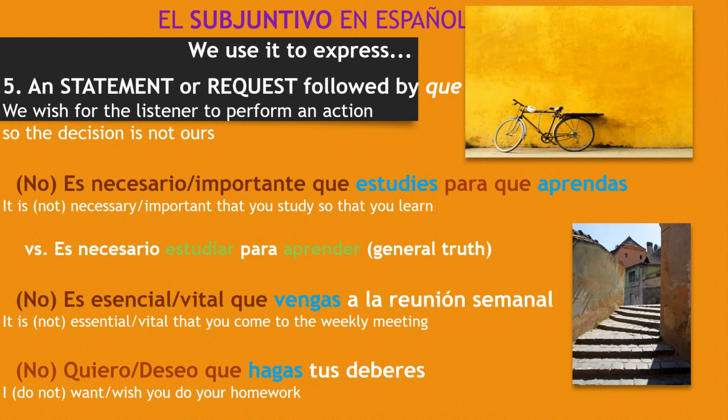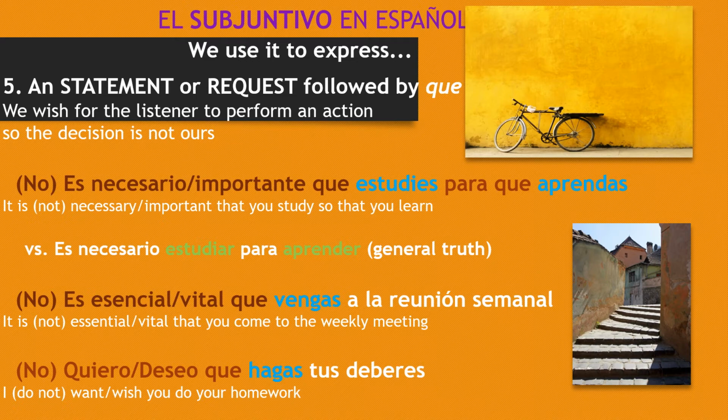So we use it as well to express a statement or a request followed by que. Again, that que. It in reality is a wish again, because we are directing this to a listener, somebody that's listening to us. We want him or her to perform an action, but the decision is still not on us.